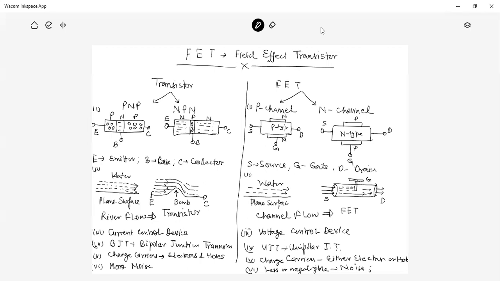And due to the signal to noise ratio, SNR, FET is better than the transistor. So these are the basics regarding the FET and transistor.